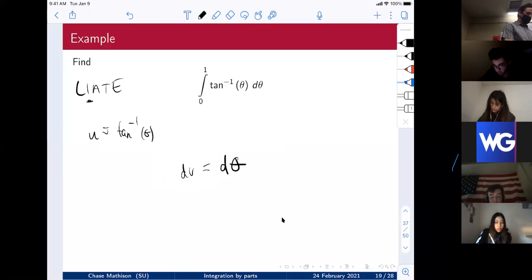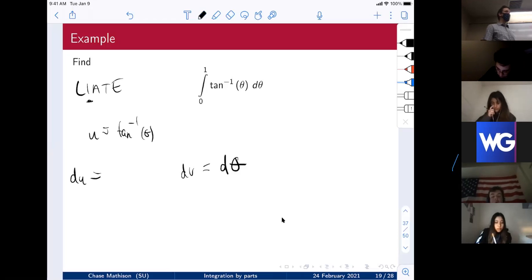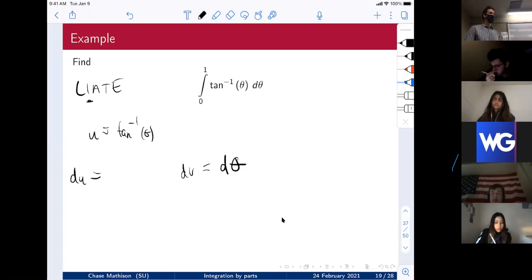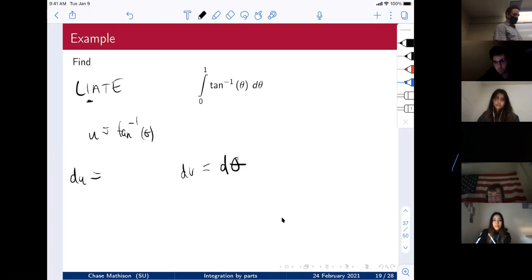Okay, so who remembers the derivative of arctangent of theta? 5 seconds. 5, 4, 3, 2, 1. The derivative of arctangent of theta is 1 over 1 plus theta.